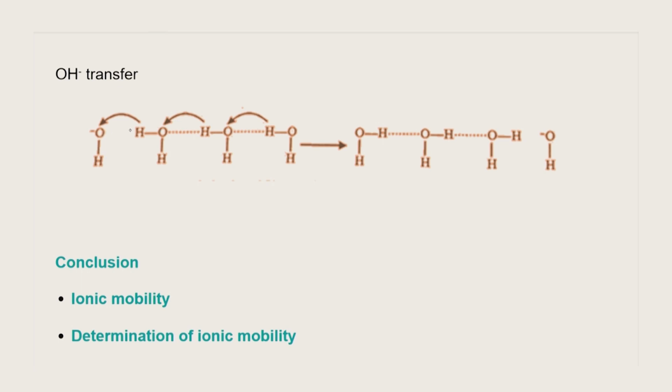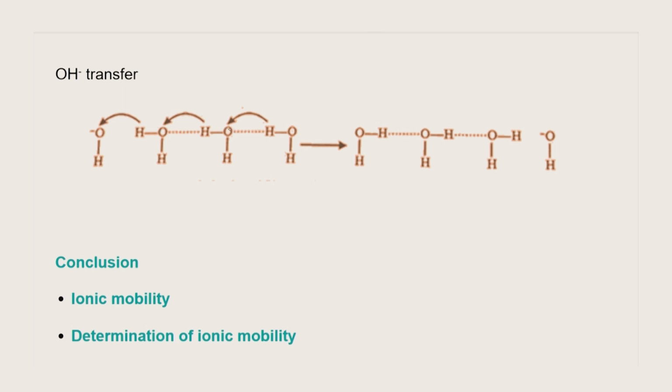See, it abstracts a hydrogen, or a proton, in this direction, and as a result this becomes again a negatively charged OH minus ion. I will repeat: here this oxygen atom abstracts this hydrogen towards itself. The charge is lost while this OH will be carrying a negative charge. Again, this OH minus ion abstracts the next hydrogen atom which is hydrogen bonded to it, so that the negative charge is transferred to the next water molecule.